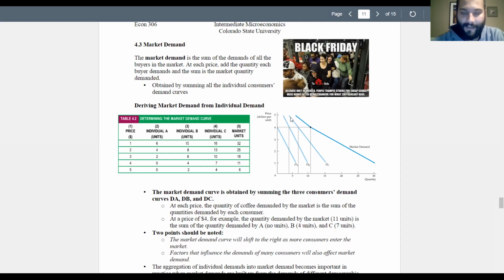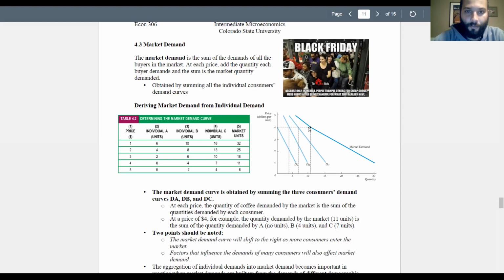And in general, if we have enough consumers in the market, and most markets are composed of many consumers, these discontinuities would become small, and maybe this would look more smooth and curved rather than discontinuous sections.